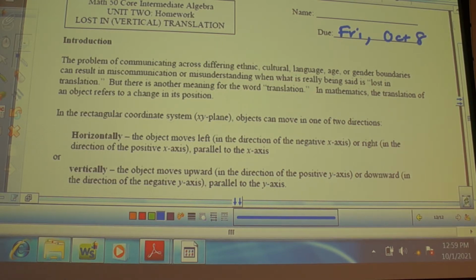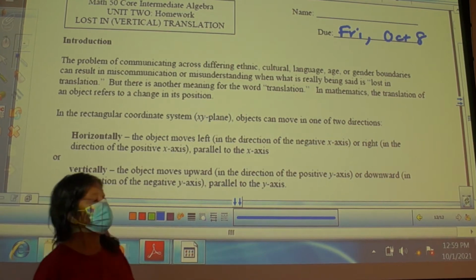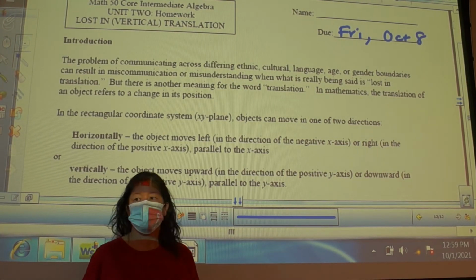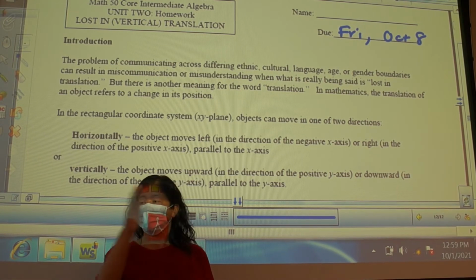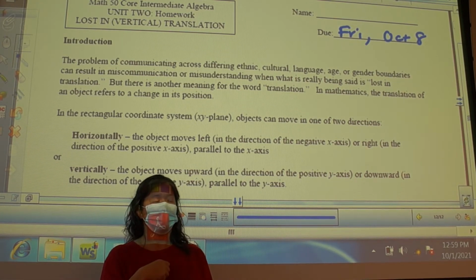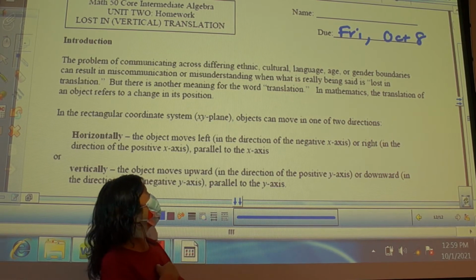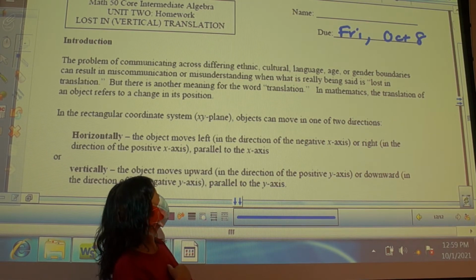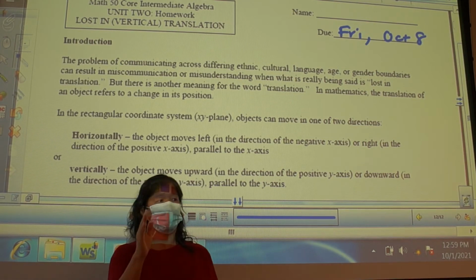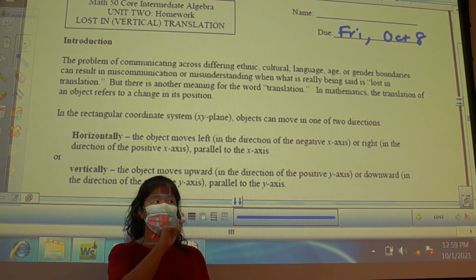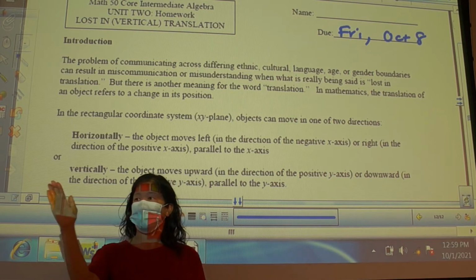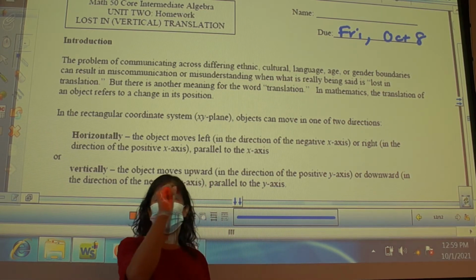In the rectangular coordinate system, the xy plane, objects can move in one of two directions. Horizontally, the object moves left in the direction of the negative x-axis, or right in the direction of the positive x-axis. So that means this way, right? So the object moves this way or that way.